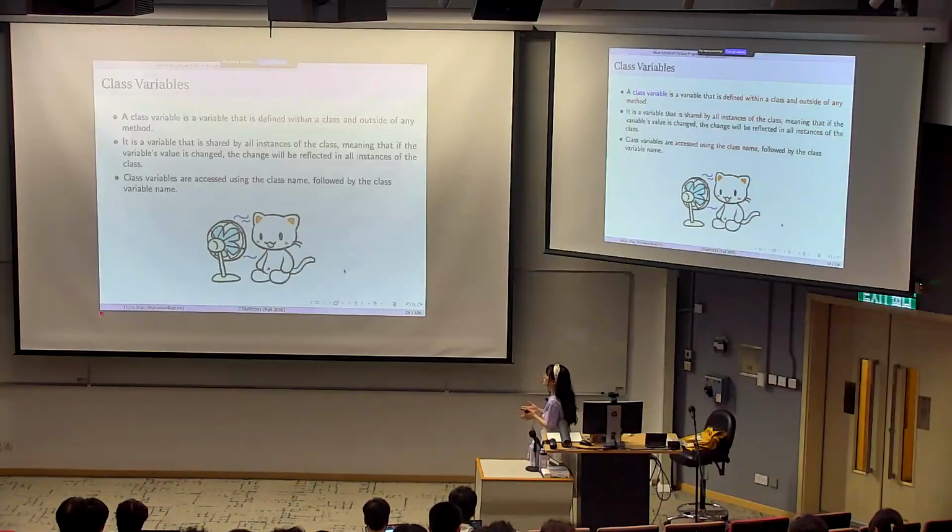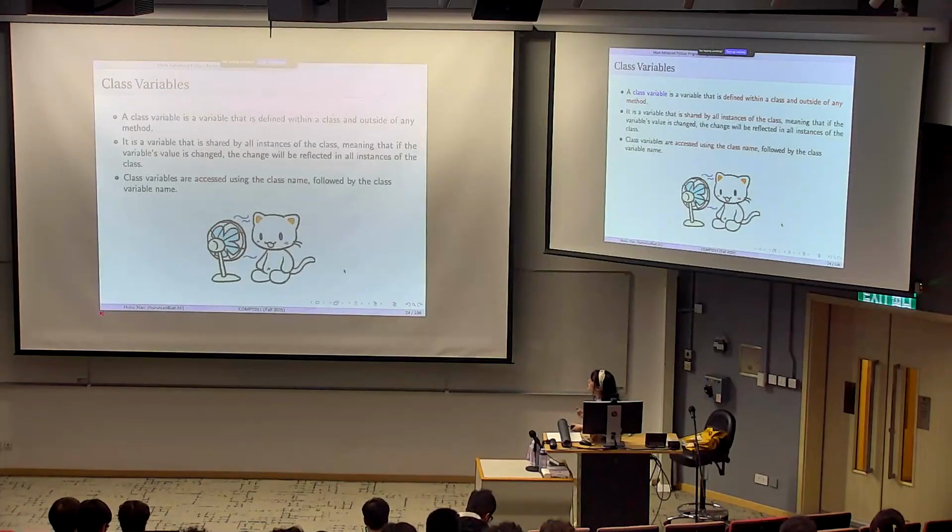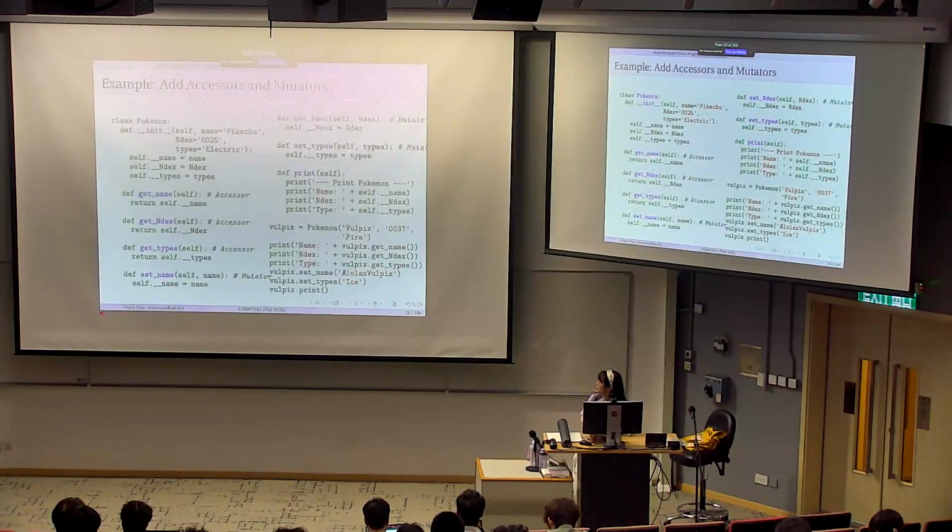A class variable is a variable that is defined within a class and outside of any method. If you recall the previous instance variables, they are defined in the constructor or the init method, right?